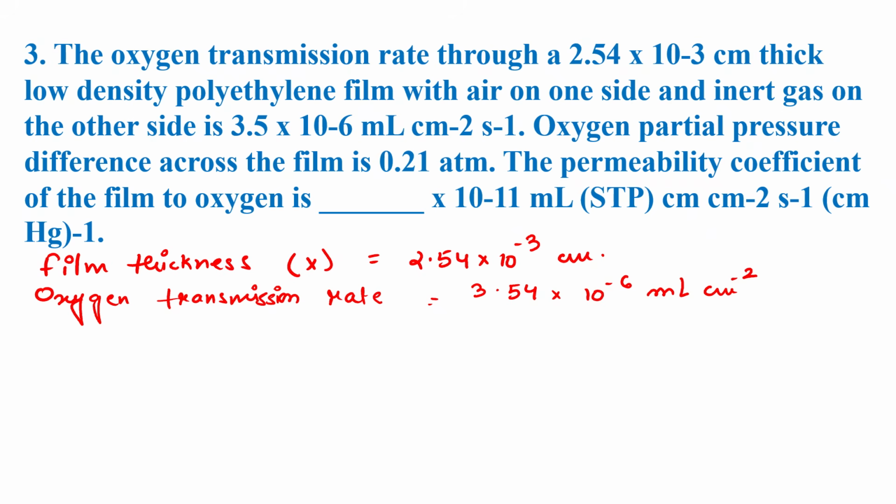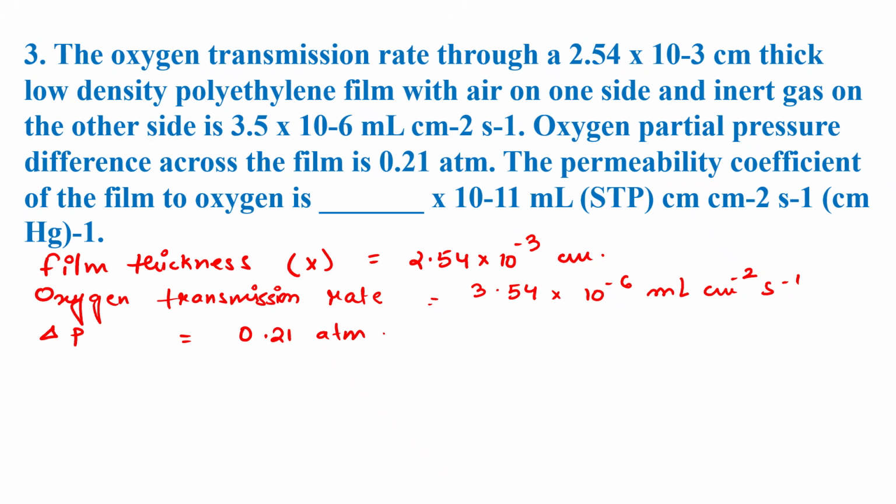And partial pressure difference, that is del P, it is given as 0.21 atm. And we need to find over here the permeability coefficient.